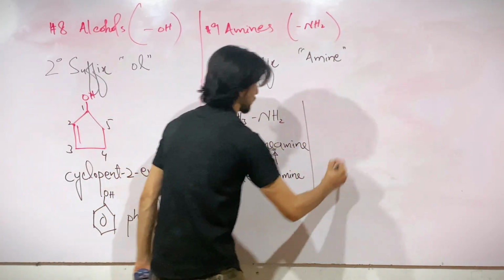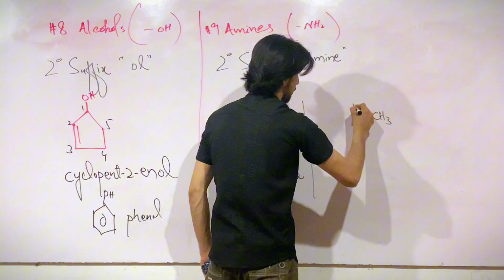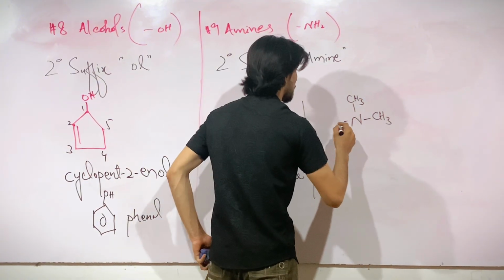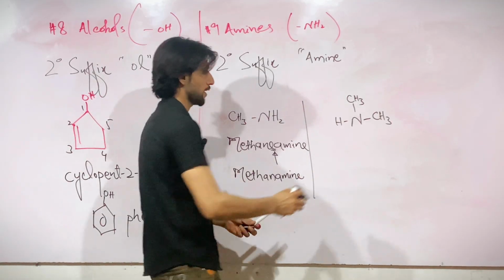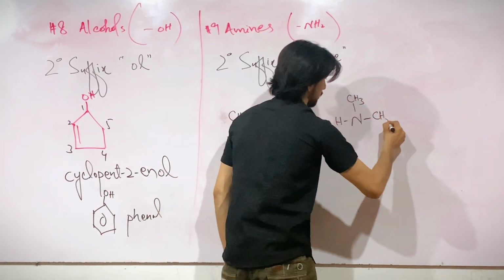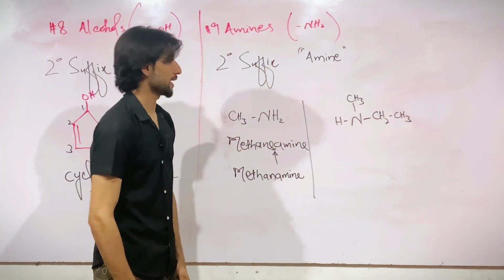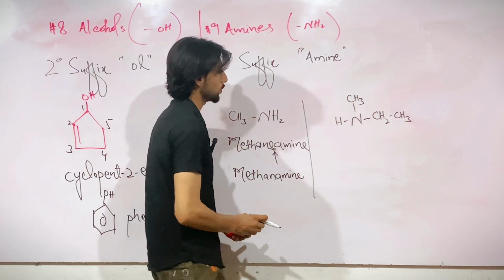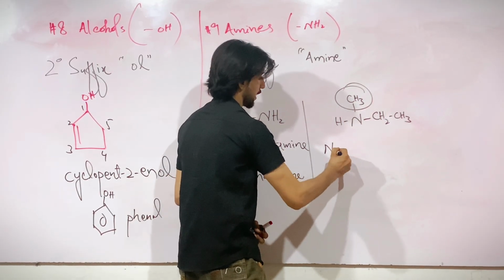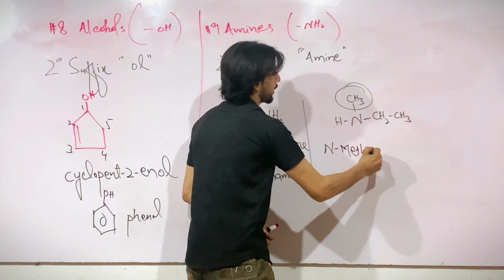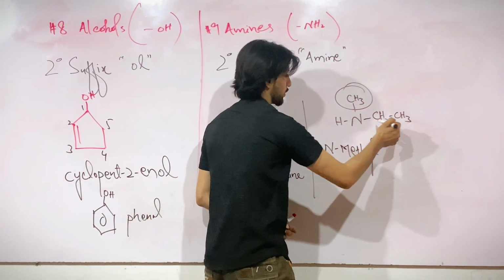What if there was a substituent attached to it, like if it was a secondary amine? Okay, let me make one. If it was a secondary amine, what would be the name of this one? So one becomes a substituent attached at nitrogen. So this becomes N-methyl. Why did I take this one as the substituent? Because this contains the least number of carbon atoms, and this becomes our main chain, 1, 2.